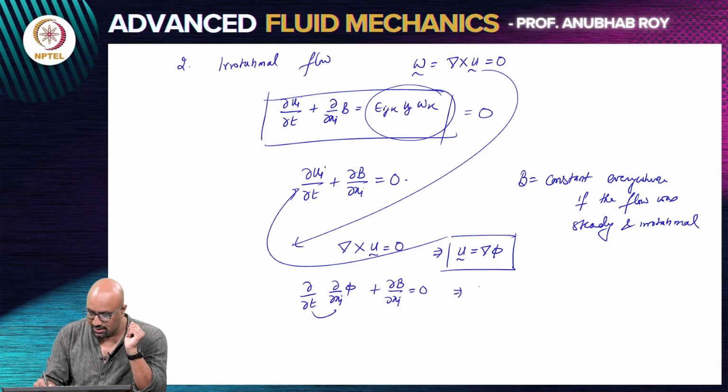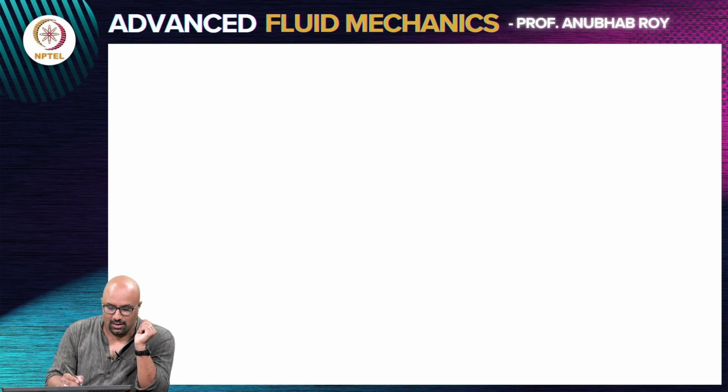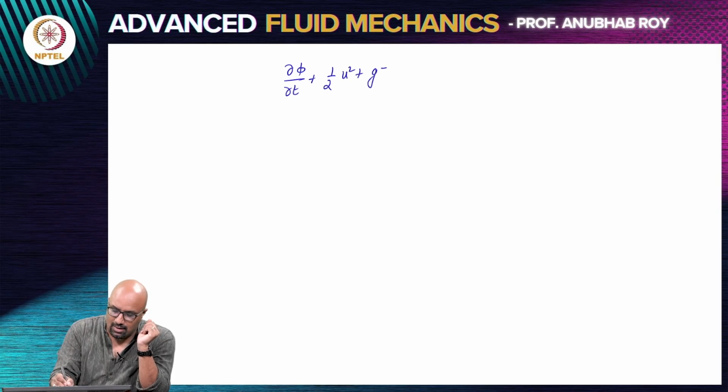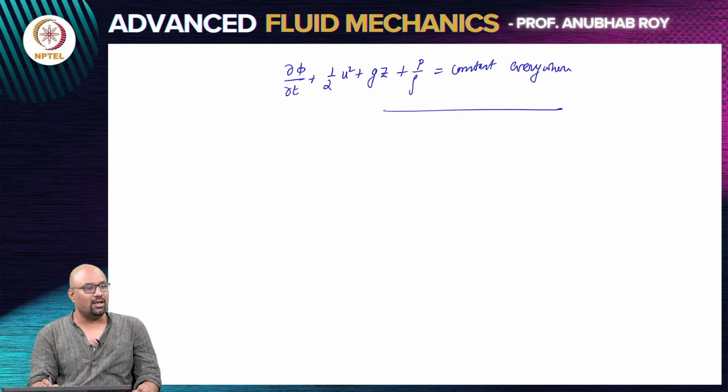Commuting the derivatives gives me ∂xi of (∂phi/∂t plus b) is equal to 0. So, we get a stronger statement: for irrotational flows, this quantity is constant everywhere. It does not matter if the flow is steady or unsteady.